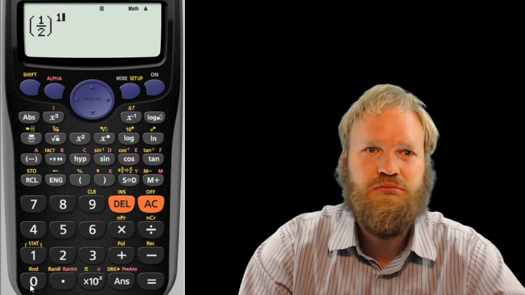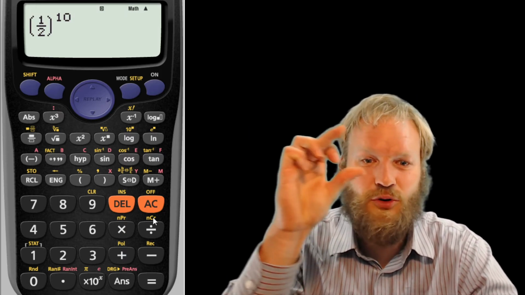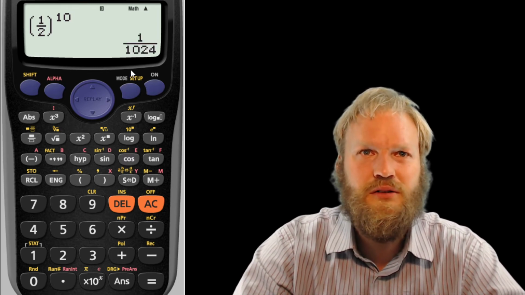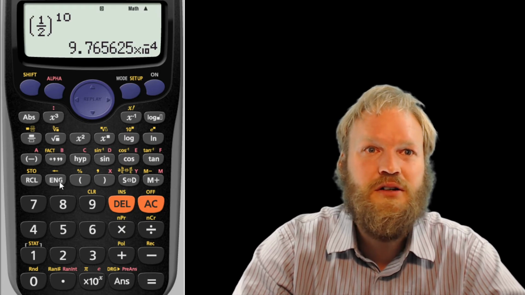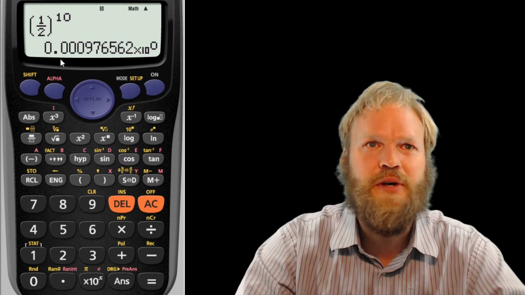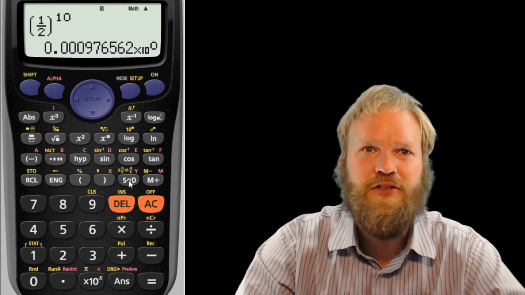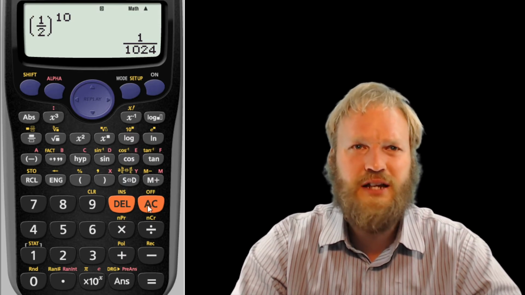Do you think this is going to be getting smaller or getting bigger? Well, it's getting a whole lot smaller. Look at that. Let's turn that into a decimal that we can make sense of. Look at that, 0.0009, as a fraction 1 over 1024. This is getting smaller and smaller.